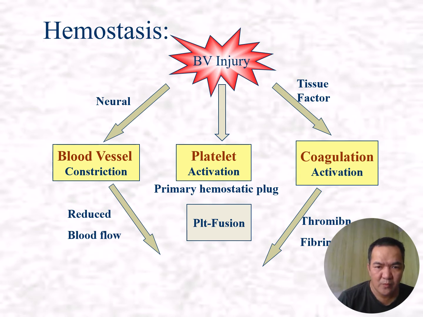So when there is bleeding as a result of an injury, the blood vessels will constrict to reduce the blood flow, and this will be immediately or simultaneously. The platelets will be activated and they will migrate to the site of bleeding to form a so-called hemostatic plug.